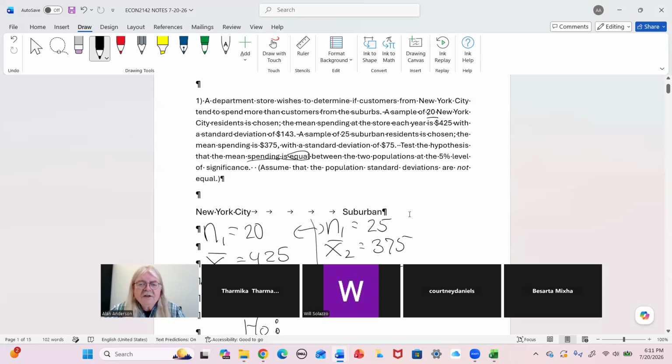Oh, I apologize. It doesn't say that at all, does it? No, you know what? There's a mistake in this problem. It starts out by saying that they want to know if the customers tend to spend more. And then down here it says we want to find out if they're equal. So that's the part that's not correct. Oh, I better fix this. I'm going to make a note to myself right now to fix this.